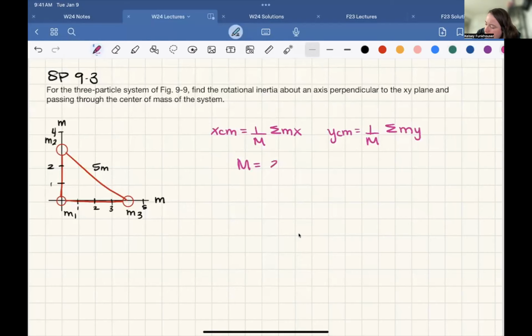Total mass is 2.3 kilograms plus 3.2 kilograms plus 1.5 kilograms, giving us a total of 7 kilograms. 7 kilograms for capital M. And I'm just going to write what these coordinates are.